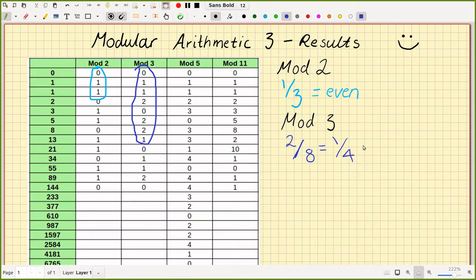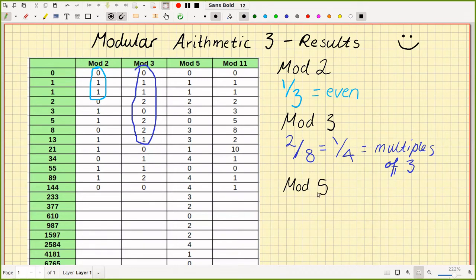So 1/4 of the Fibonacci numbers are multiples of 3. Which is pretty cool. Now let's have a look at mod 5, modulo 5.